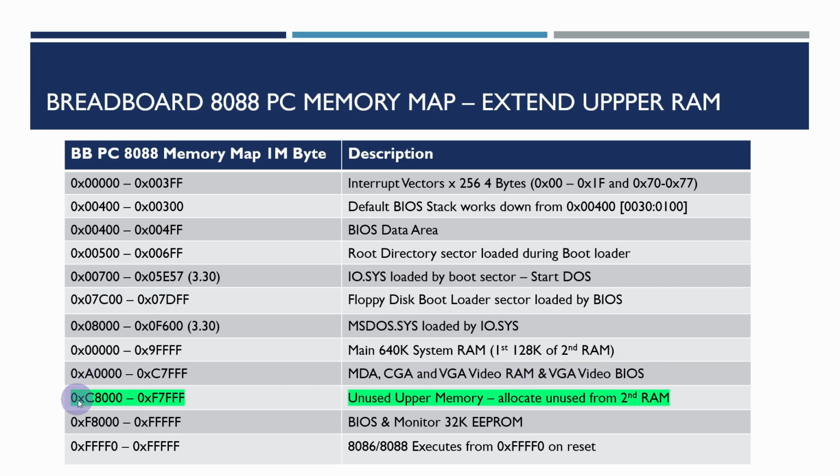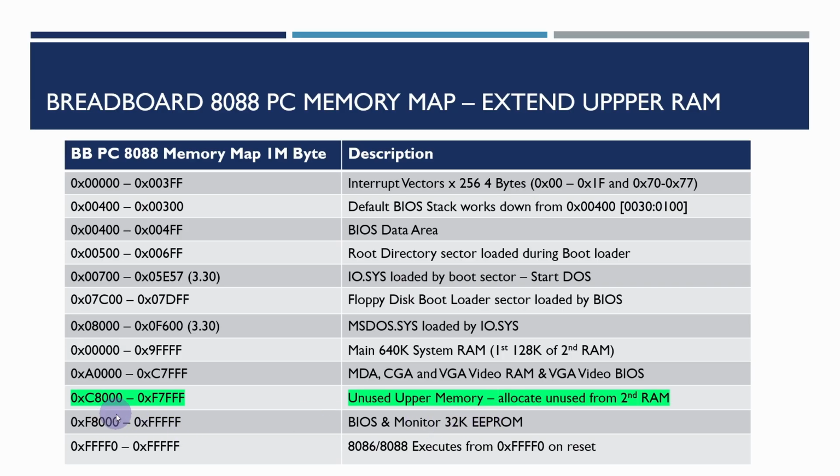So above this area now is the unused upper memory area. And so what I've now done is modified the address decoder for the second RAM chip to also map in this area as well. So this is now available to write to, and then the BIOS and monitor are in the top 32K of EPROM there.